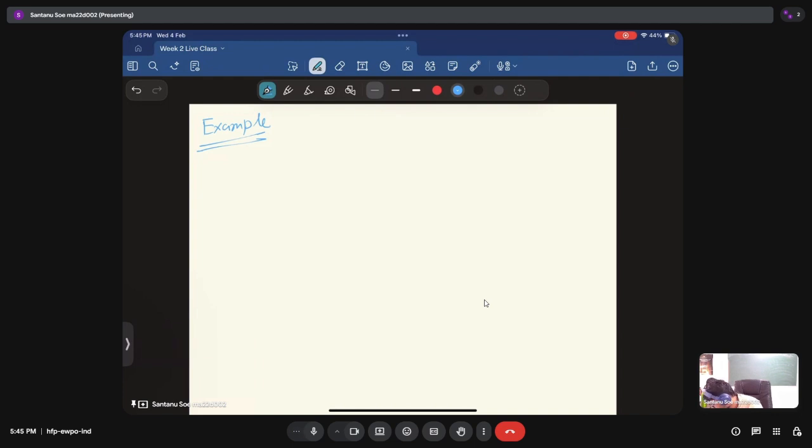Take f(x,y) equals x squared plus y squared at the point (1, 2) in the direction u equals (1 by root 2, 1 by root 2).